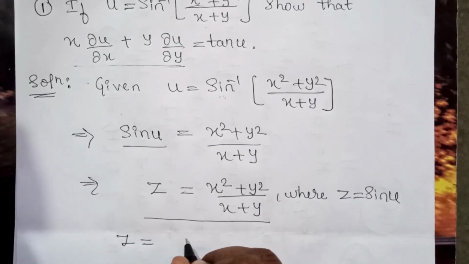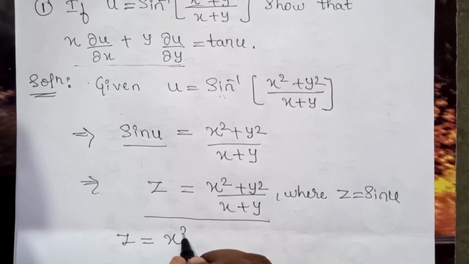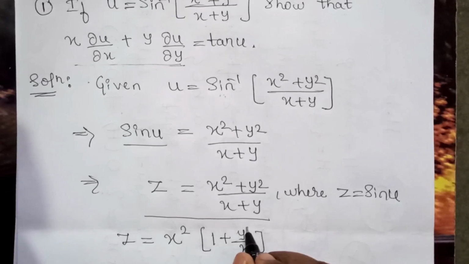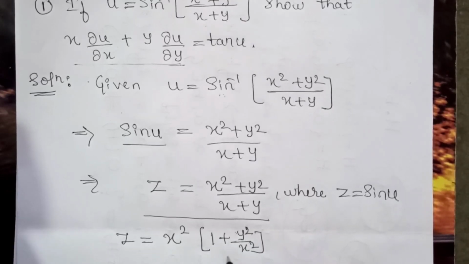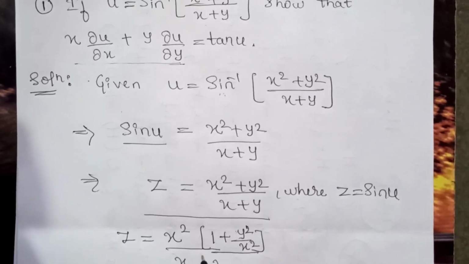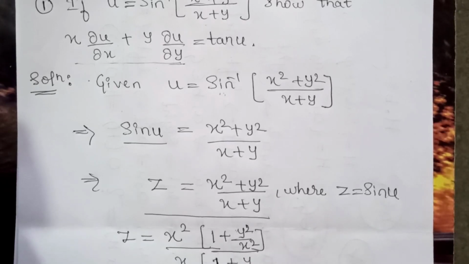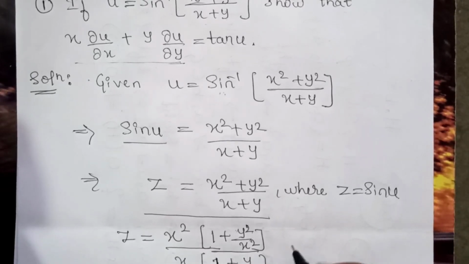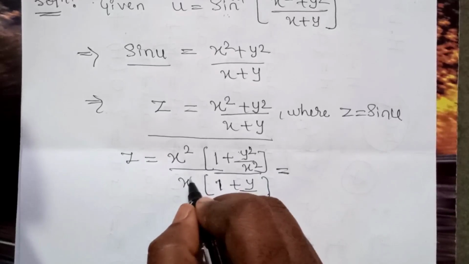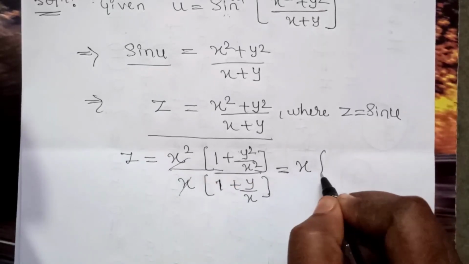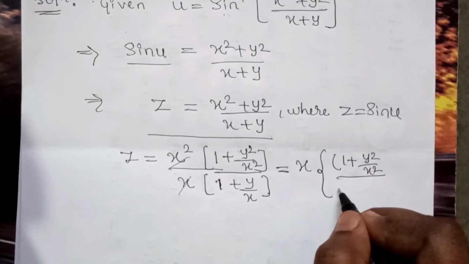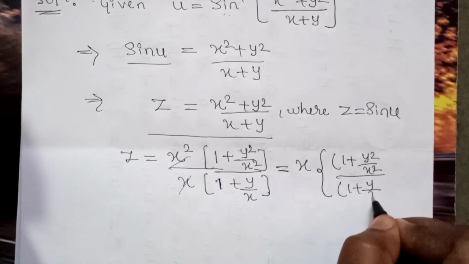So see here, on taking x square common in the numerator, it becomes x square times (1 plus y square by x square). In the denominator, on taking x common, we get x times (1 plus y by x). Then one x gets cancelled, and we get x times (1 plus y square by x square) divided by (1 plus y by x).